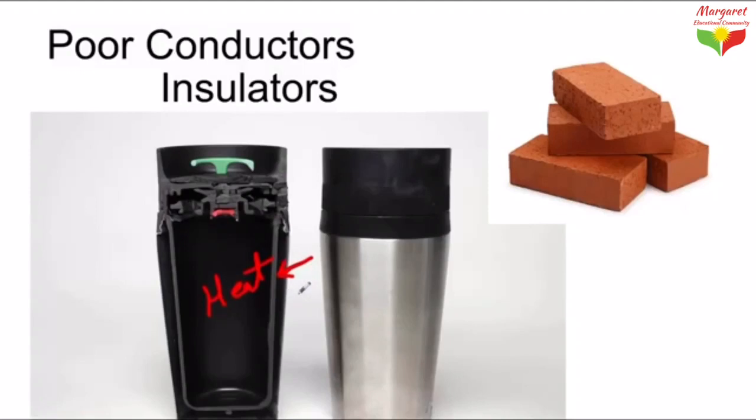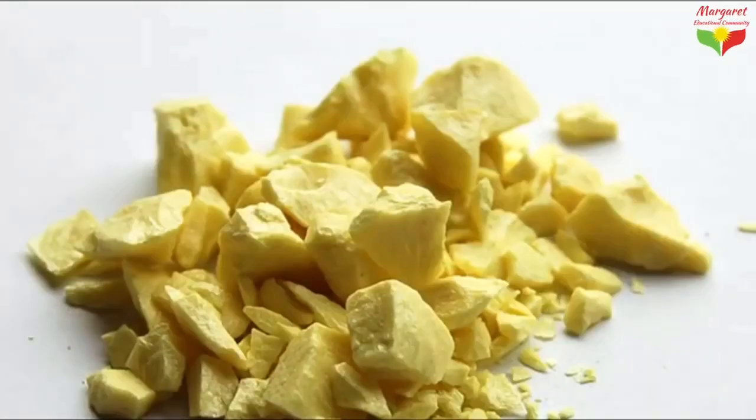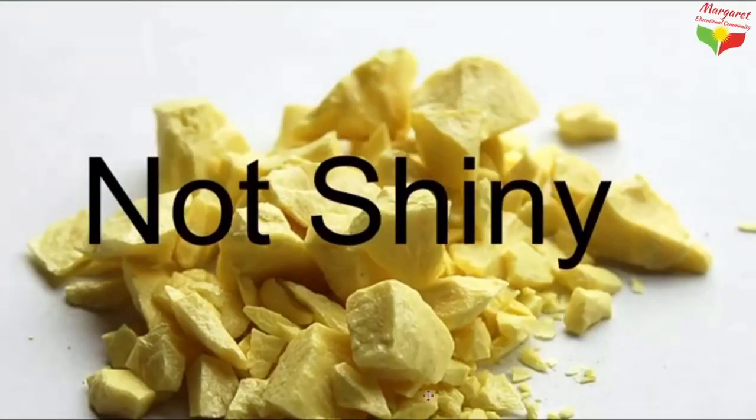It's a poor conductor of heat. It keeps the heat in here and doesn't let it pass through, unlike the frying pan, which passes the heat through pretty easily. Okay, and they are also not shiny. So here is some sulfur. It's pretty dull. The ones that are solid, carbon and sulfur, for example, are not very shiny at all.